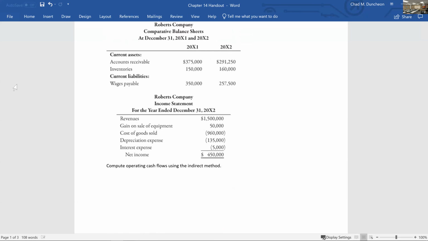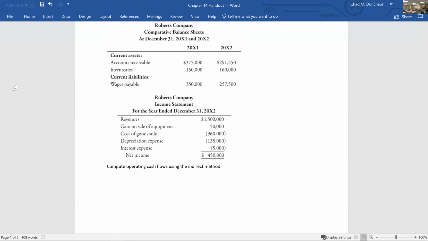Second step, we go into the operating section. Remember, we are using the indirect method here to get our cash flows. So when we do that, we start with our net income. Our net income here, 450,000. Got it from right there, okay? It is giving to us, calculate net income.